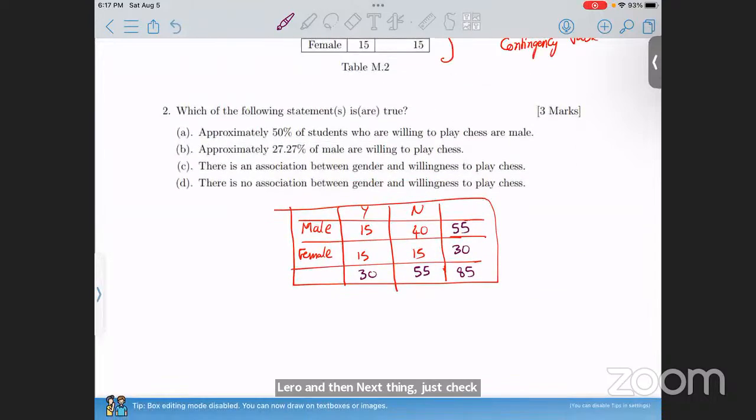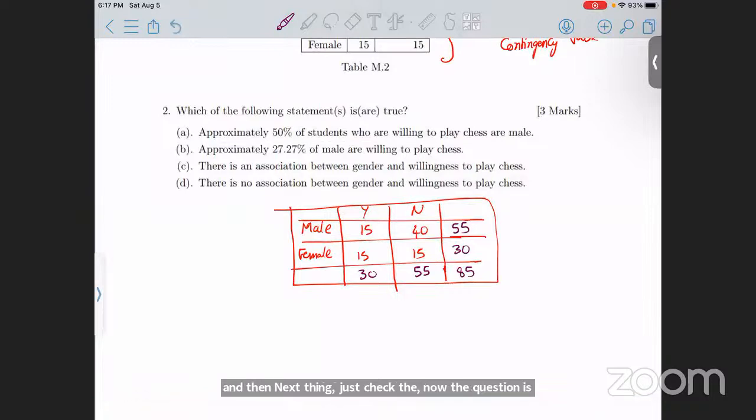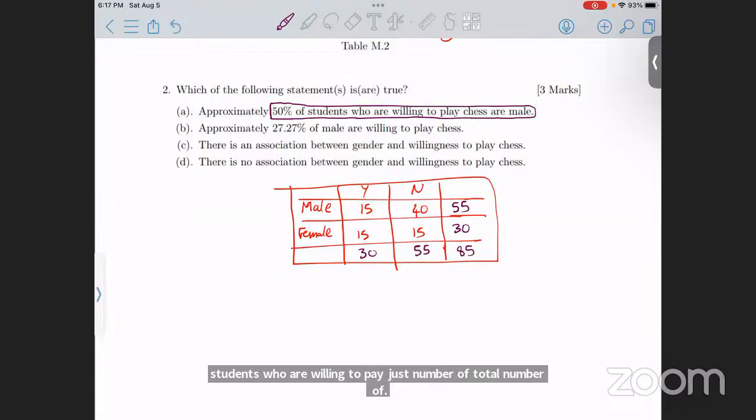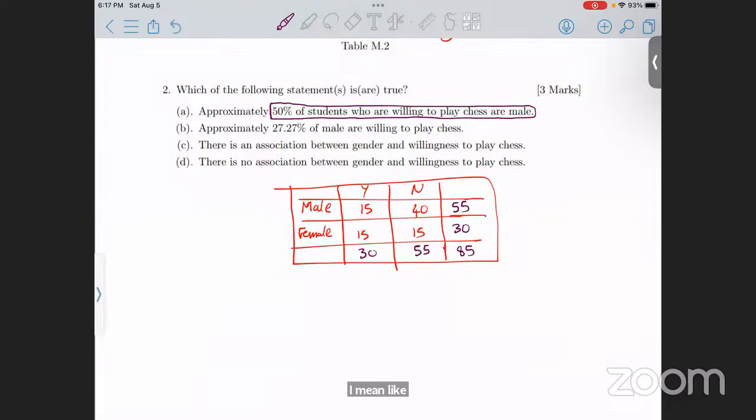Now the question is: which of the following statements is or are true? First option is approximately 50% of the students who are willing to play chess are male. Listen to this carefully: 50% of the students who are willing to play chess.